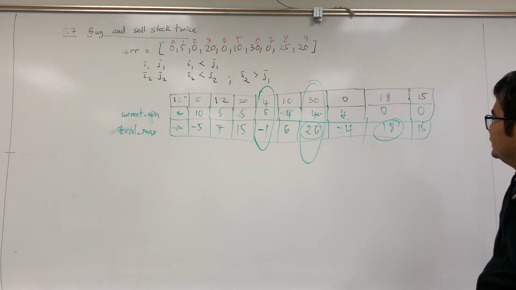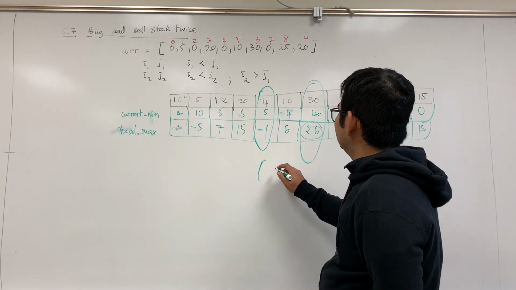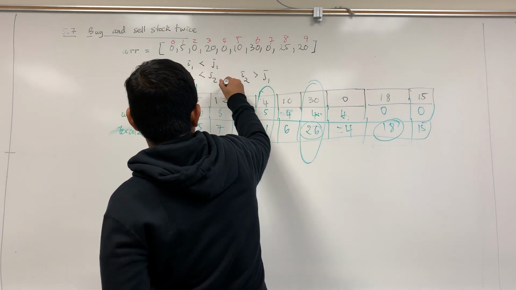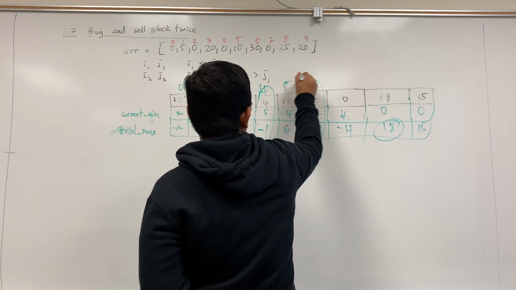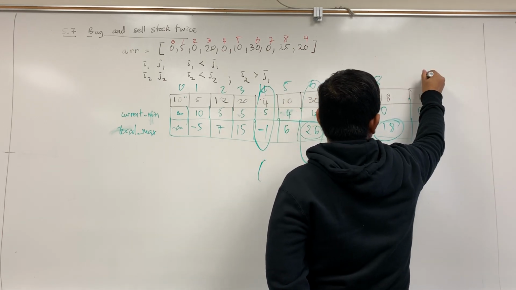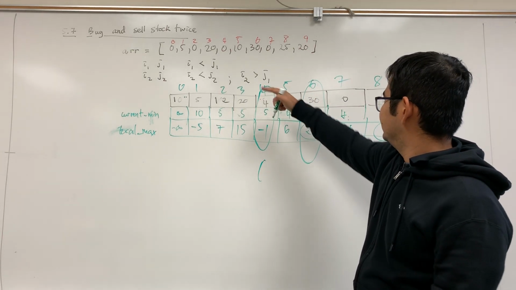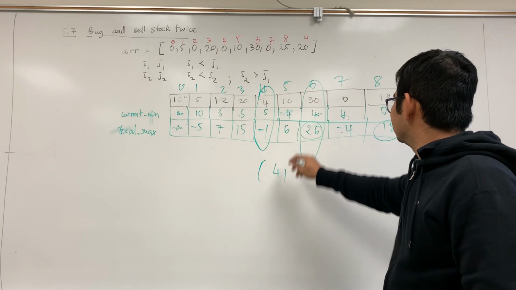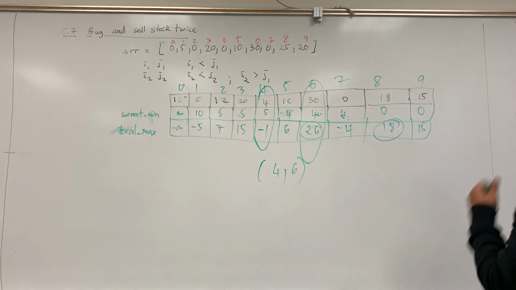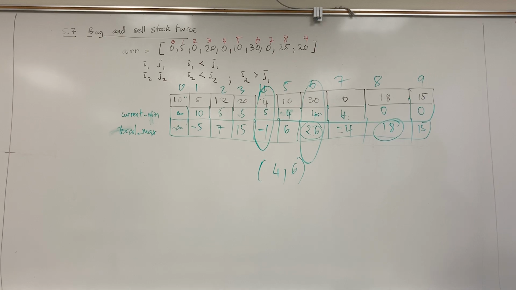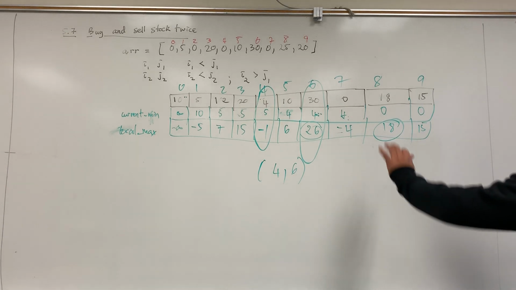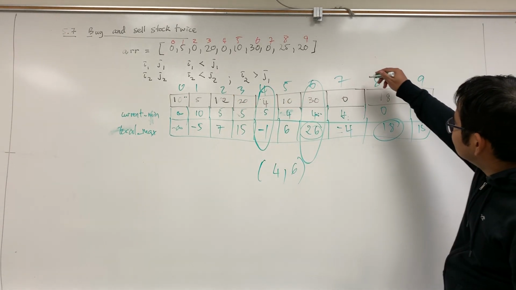So we know that we can buy at index 4 and sell at index 6, and then we just throw this part away and focus on this part.